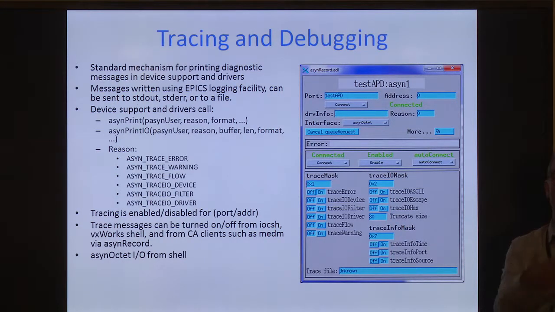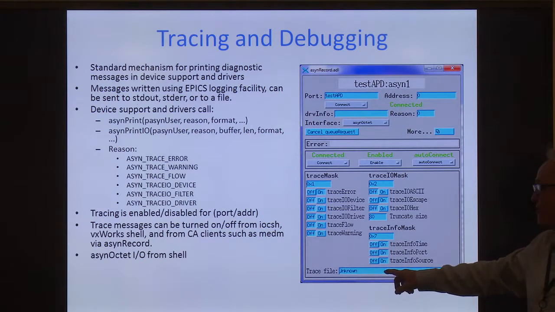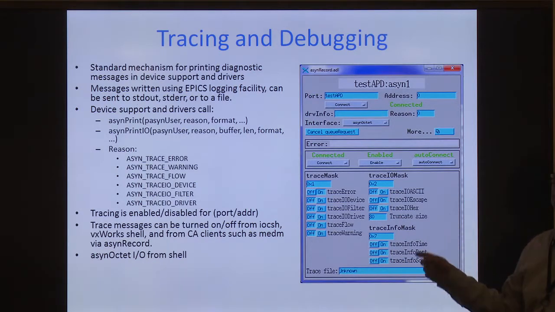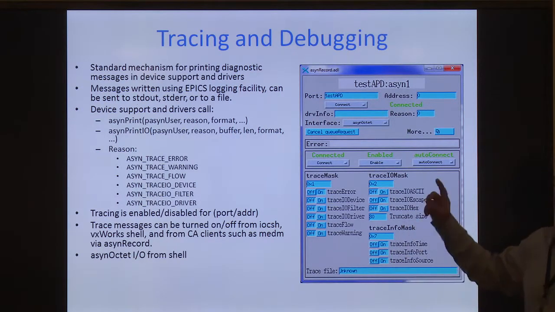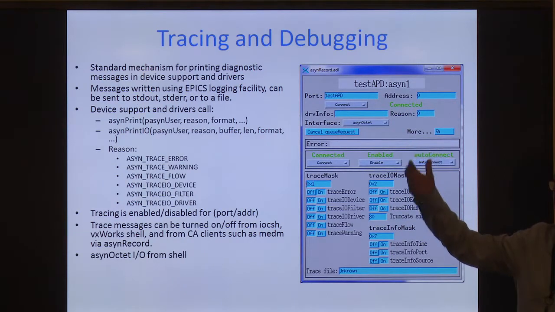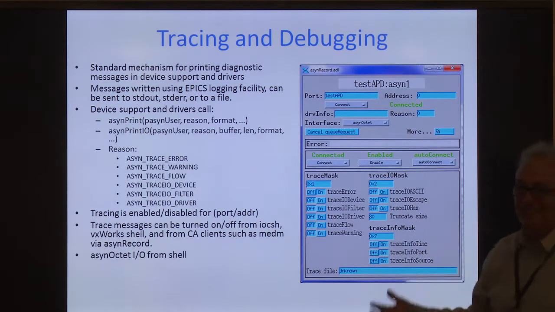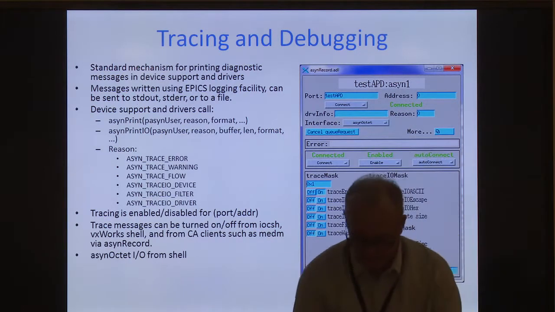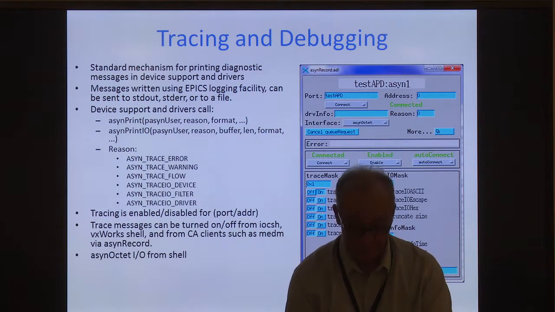It slows things down, particularly in a VME crate. Those are often like 9600 baud or something, right? So it really slows things down. So if you send it to a file, it's less likely to change the performance. A lot of times when you turn on debugging, the error goes away, right? Because it's a race condition. So by sending it to a file, it makes it less likely that it's going to go away because it was a race condition.